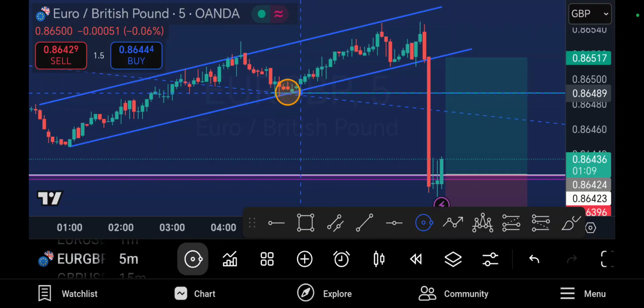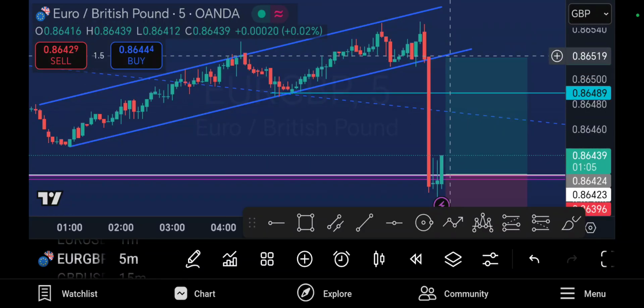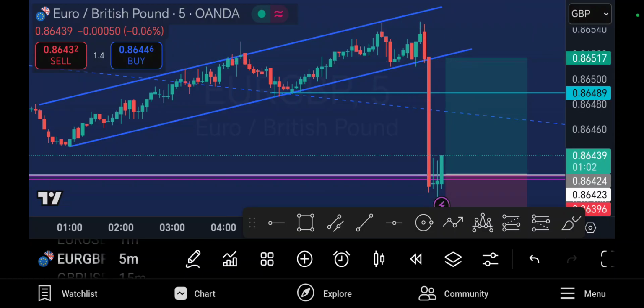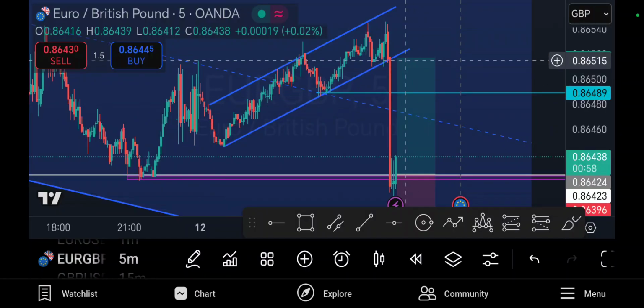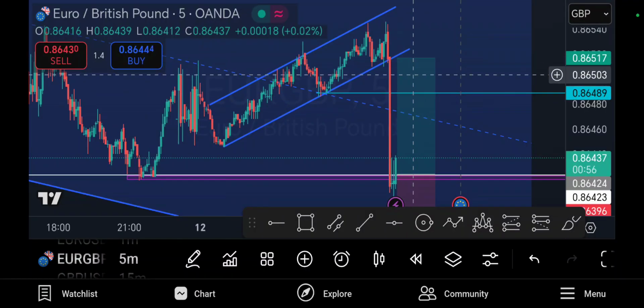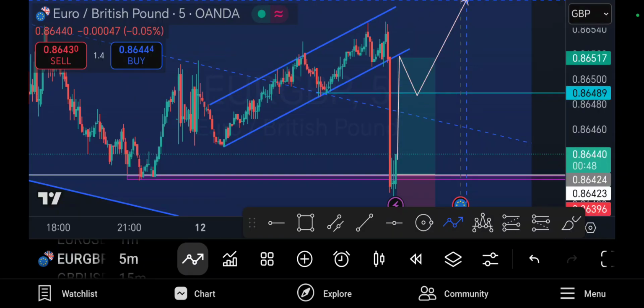And then this one would be our overall take profit, because we know it's going to push to the upside. So take profit, and then maybe it does something like this, touches here, retests, and then pushes further up.